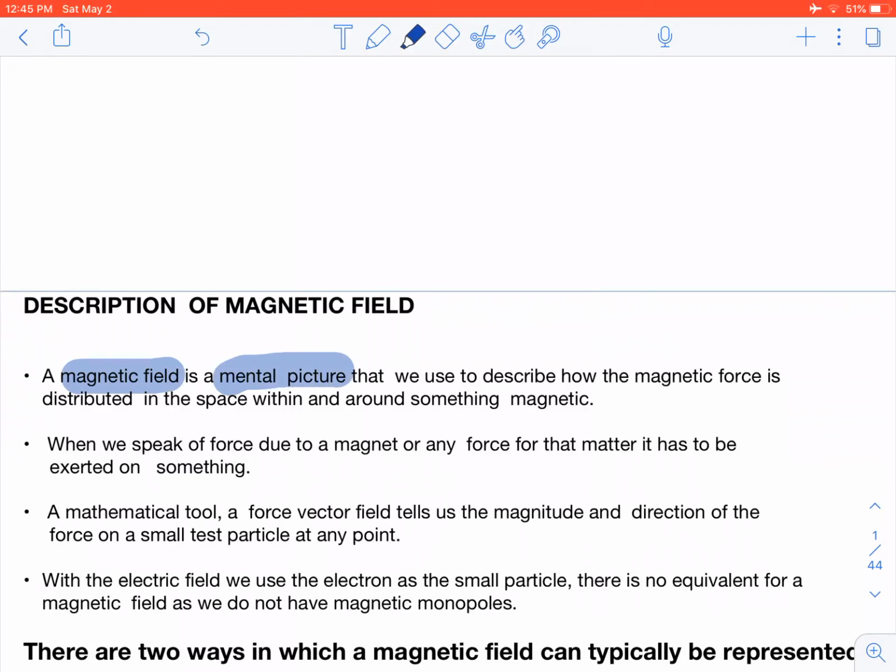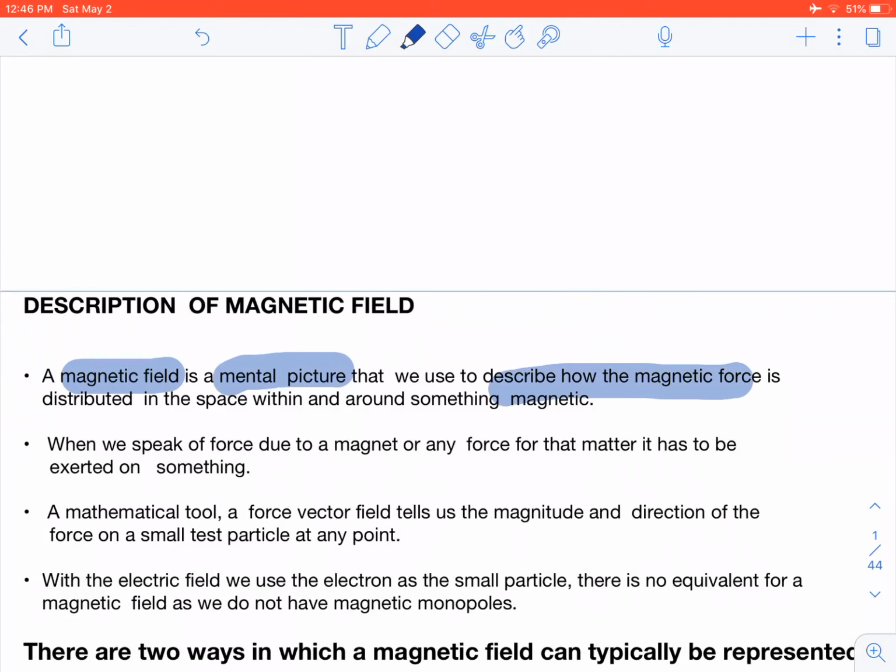So we use a magnetic field to describe a magnetic force distributed in space within and around something that's magnetic. So you have your magnet, and we are trying to establish or think about what is really happening around this particular magnet, right? It's something that we cannot see, and we want to get a mental picture of this magnetic field.